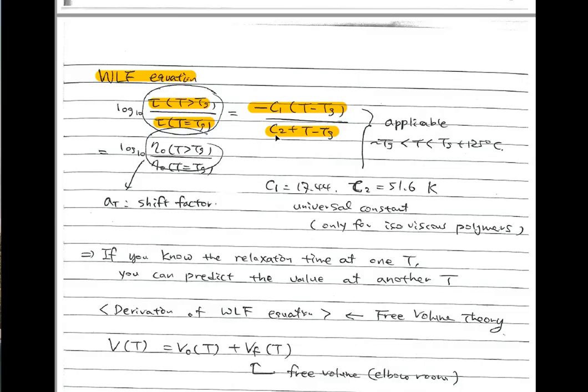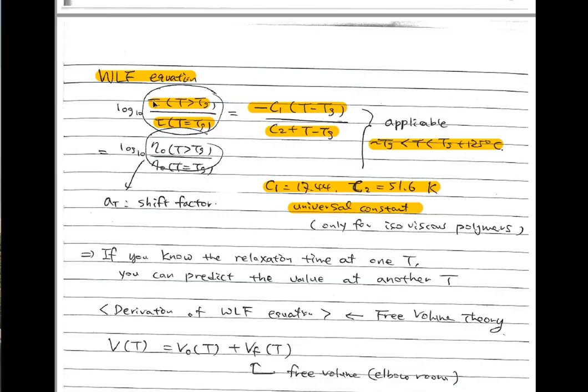Here C1 and C2 are constants. In the WLF equation, C1 and C2 are kind of universal constants, so they have similar values for different kinds of polymers. This equation is applied when the temperature is between Tg and Tg plus 125 degrees C for amorphous polymers.